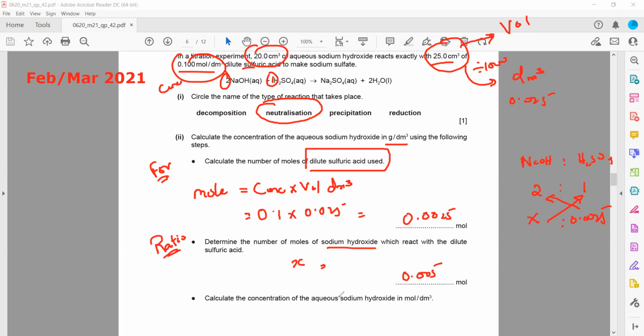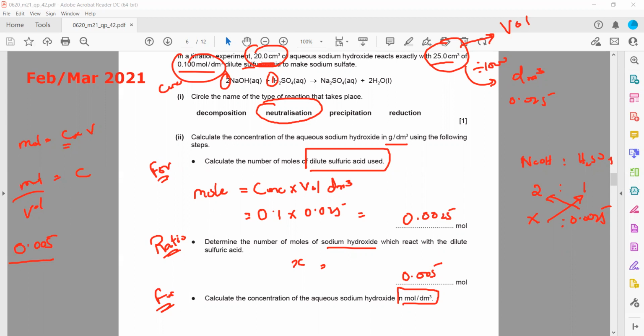The next step: we need the concentration in mole per dm³. We use the formula moles equal concentration times volume, so concentration is moles divided by volume. The moles of sodium hydroxide were 0.005, and the volume of sodium hydroxide used is 20 cm³.